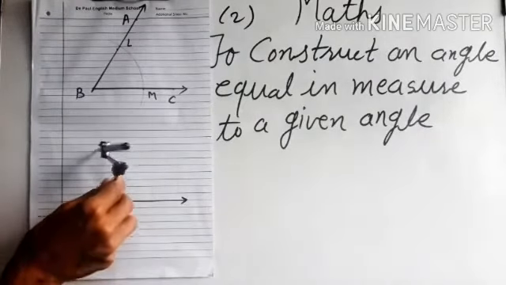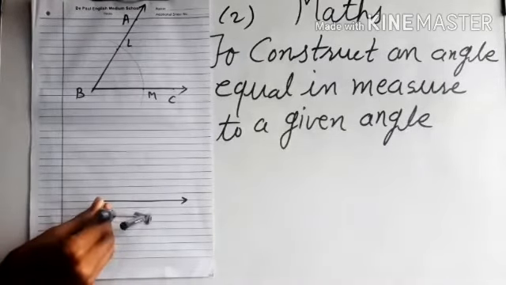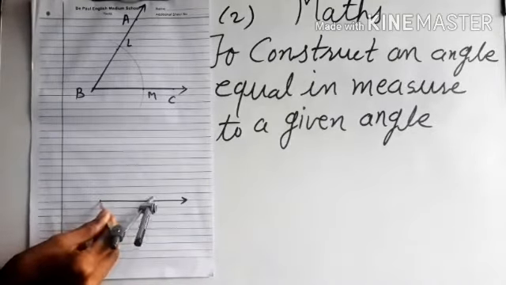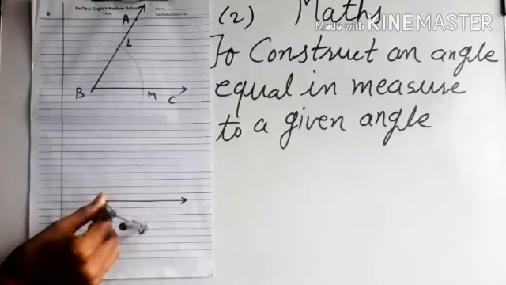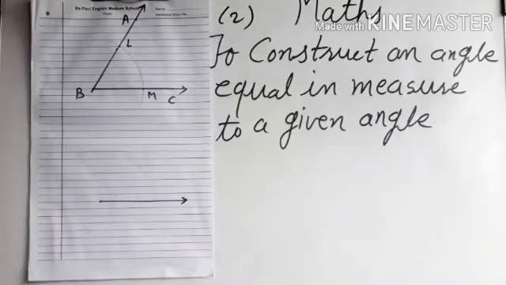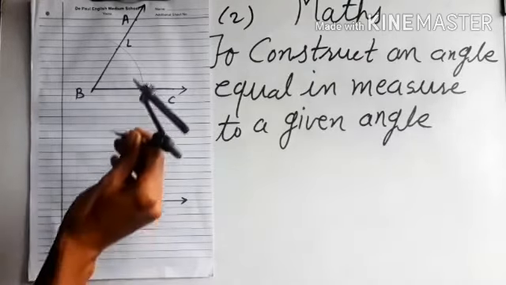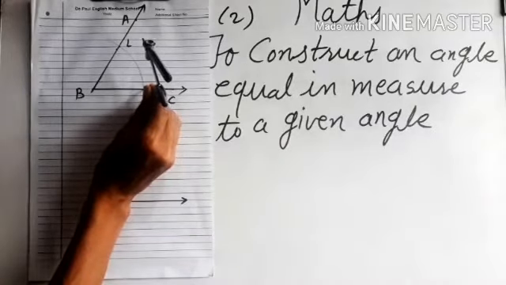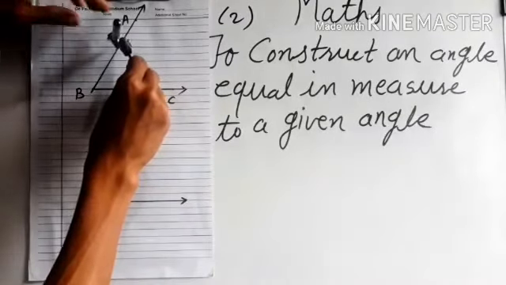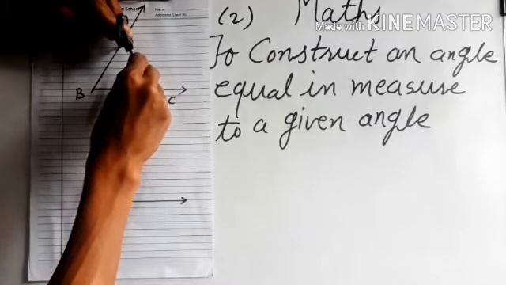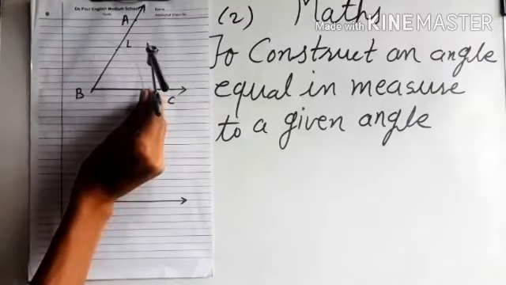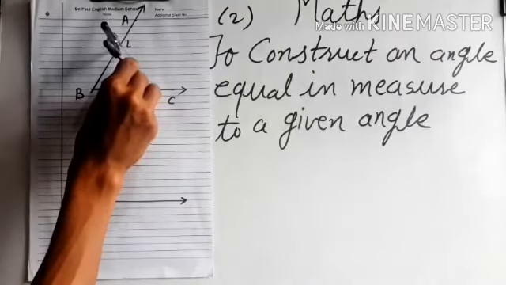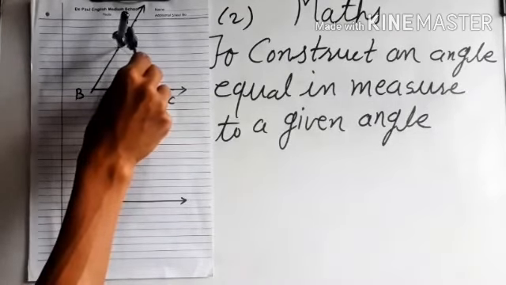Here we have drawn only one ray first, so this arc will intersect only this ray and nothing else is there, but still you have to draw the arc. Like this one arc will be there in your first step. Then again keep the compass point on point M and take the distance of LM. At point M, from point M till point L, I have taken this distance in the compass.